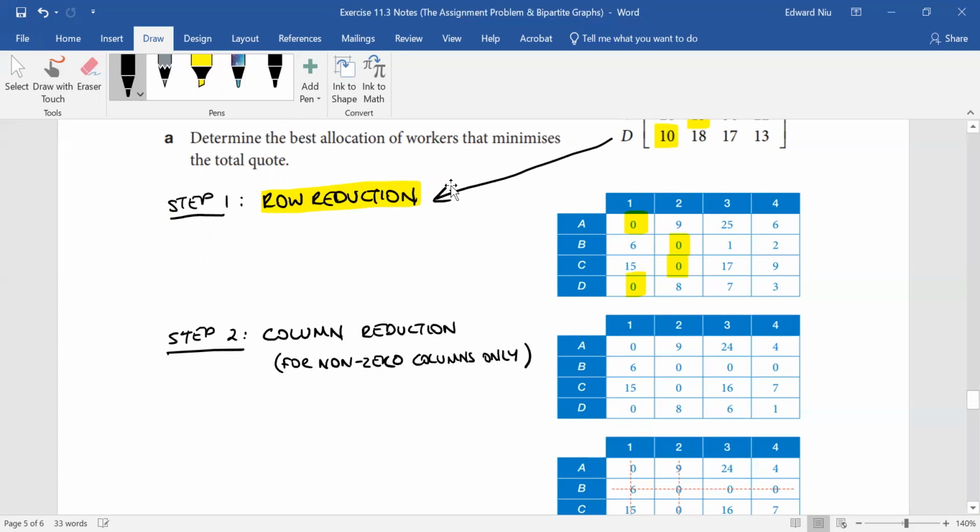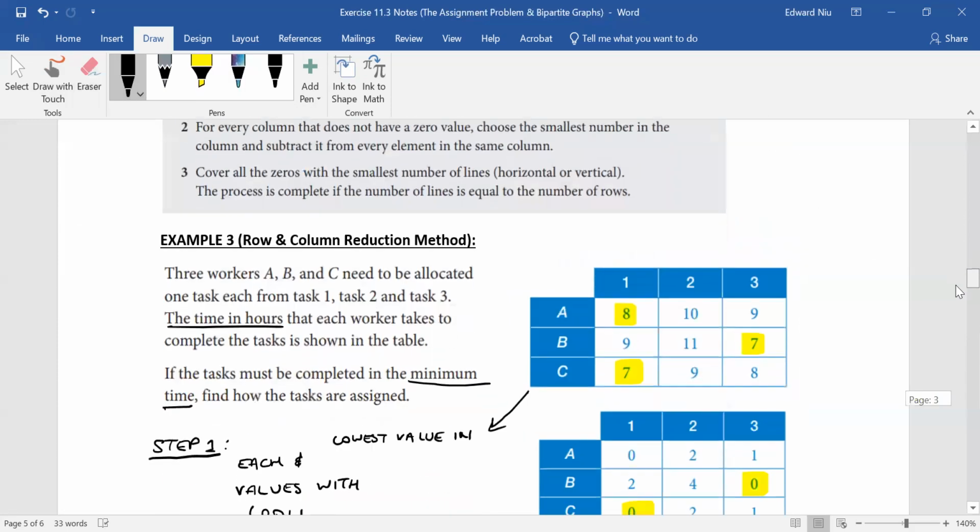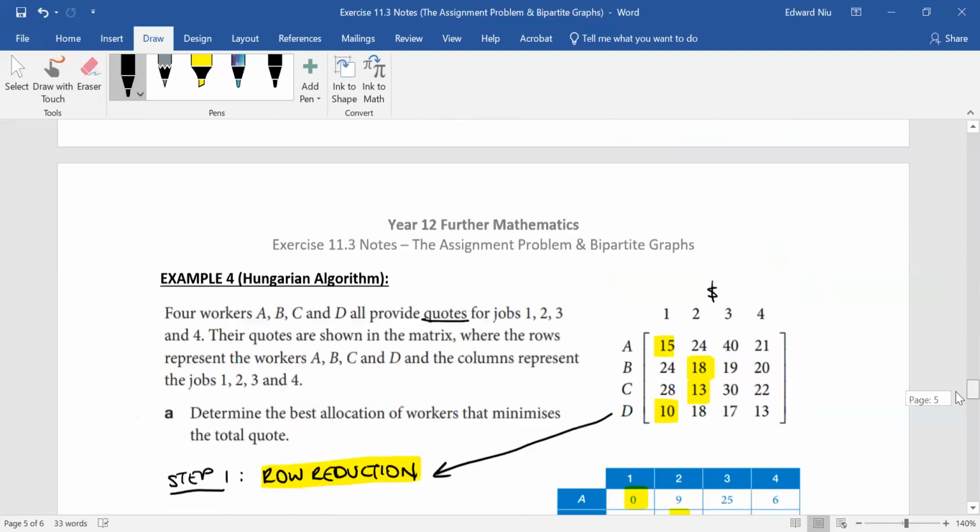Let me just double check what color I used. I used purple.